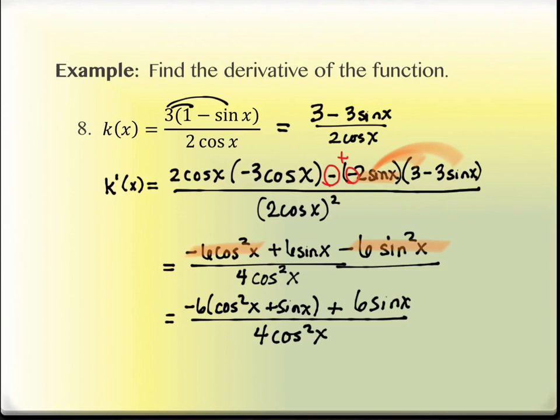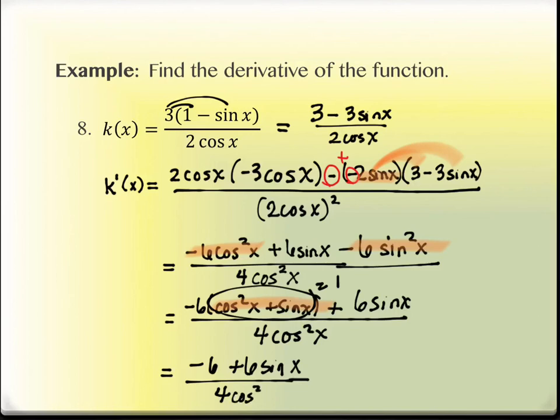And then the part that's in parentheses is actually equal to 1. That's one of your Pythagorean identities. So this actually becomes negative 6. So all of this is equal to 1 plus 6 sine of x over 4 cosine squared of x.